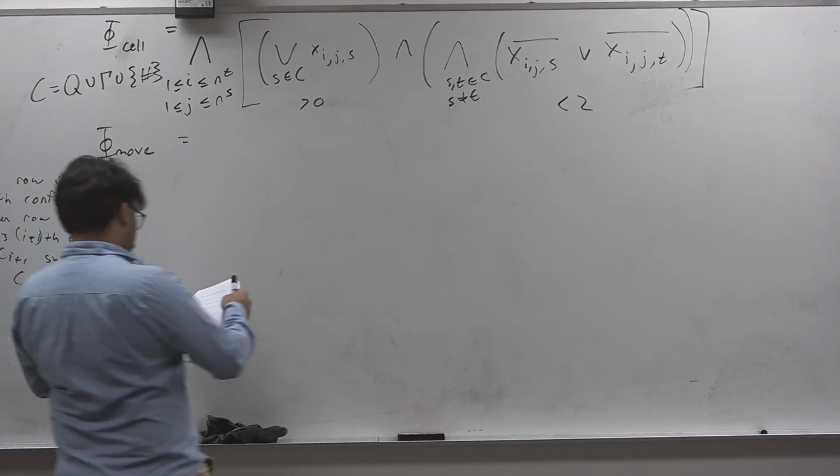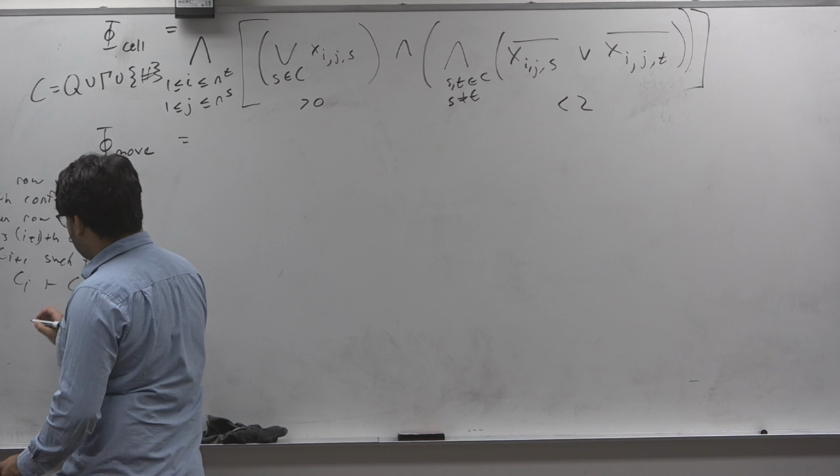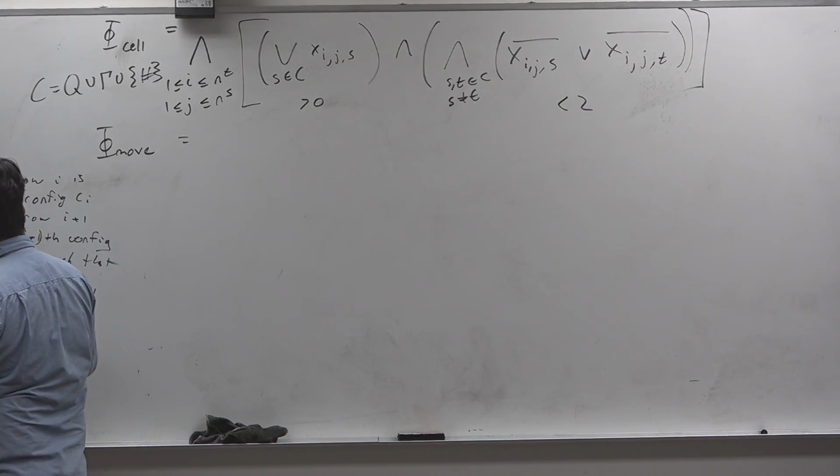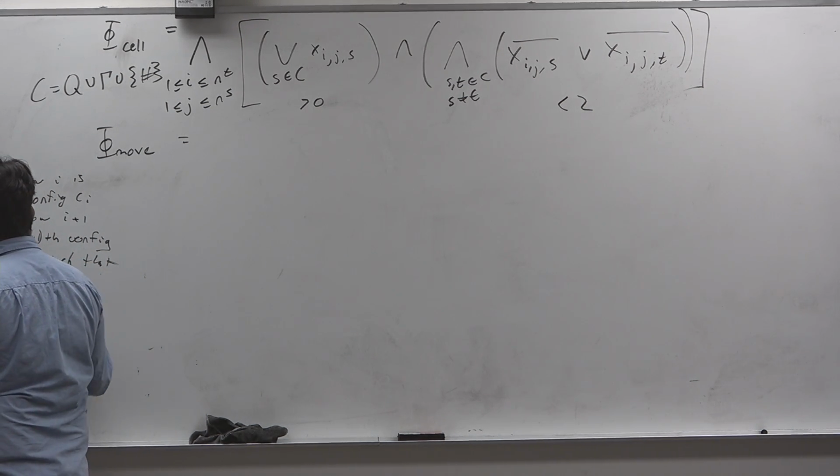So what are some examples of legal windows? Let's say we have QI, read A, write B, move left.